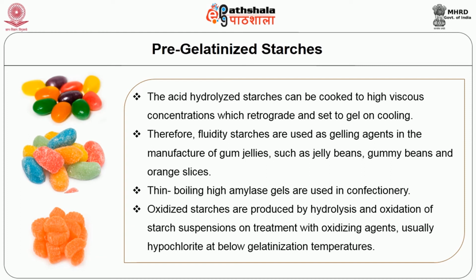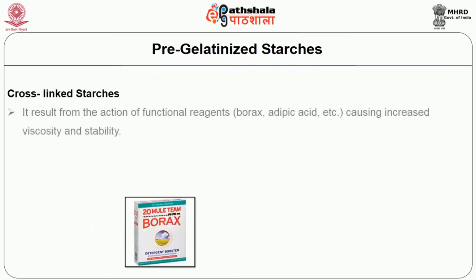Thin boiling high amylose gels are used in confectionery. Oxidized starches are produced by hydrolysis and oxidation of starch suspensions on treatment with oxidizing agents, usually hypochlorite, at below gelatinization temperatures. Next we will see about cross-linked starches.